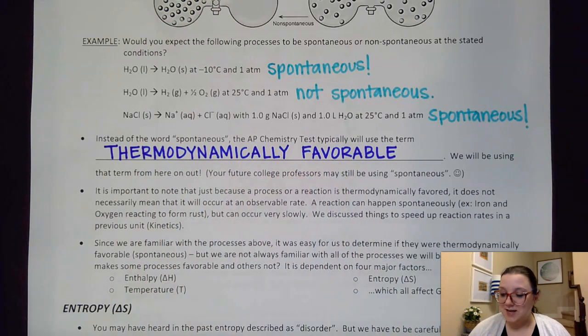I know that seems kind of silly to use that long term, but College Board likes that term better than spontaneous. And so you will see them referencing questions being thermodynamically favorable or thermodynamically unfavorable for non-spontaneous. So just keep that in mind.